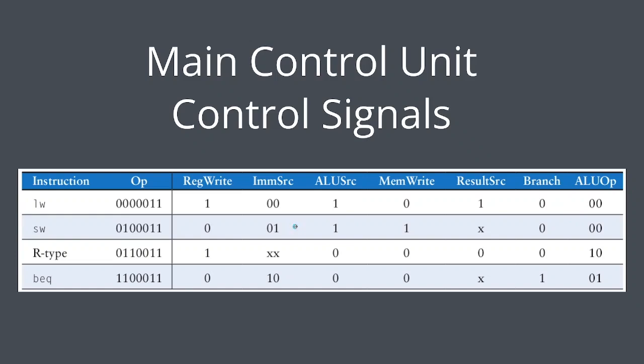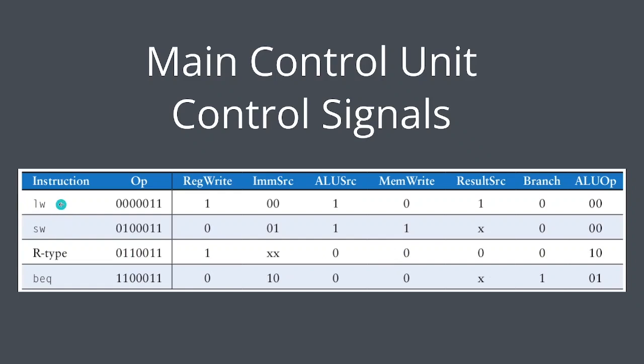As you can see in this truth table, each opcode corresponds to specific values for the control signals. For example, for an R-type instruction, RegWrite is activated to store the result in the register file, while MemWrite is set to low, indicating no memory operations are taking place.